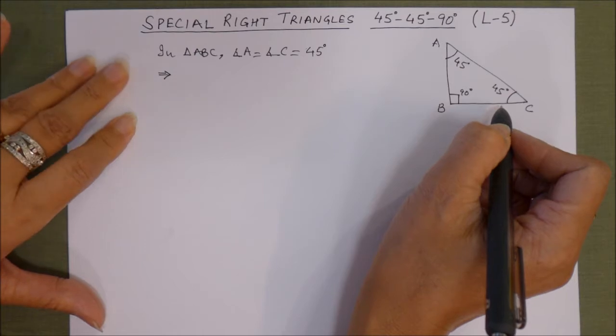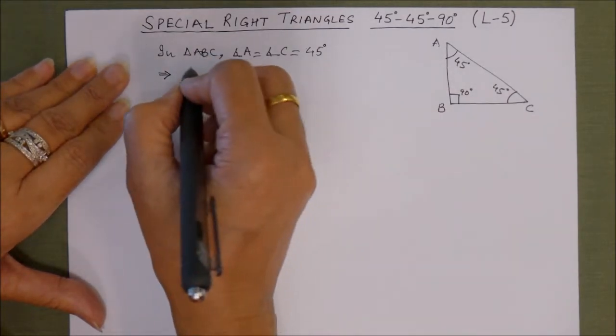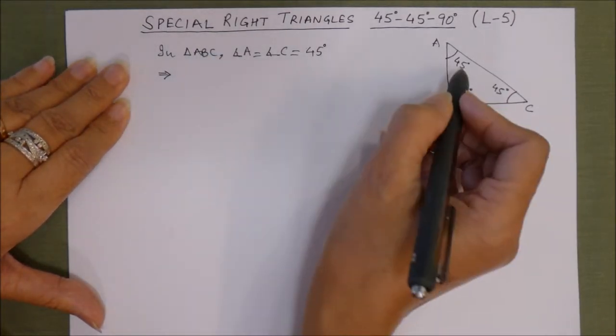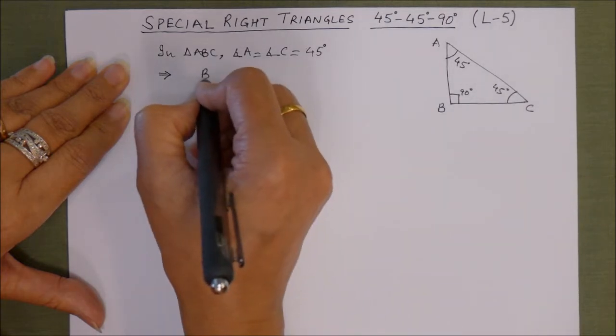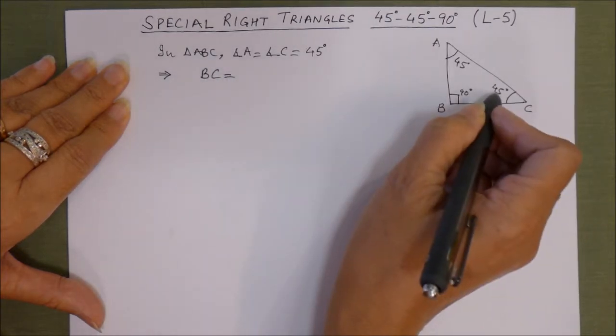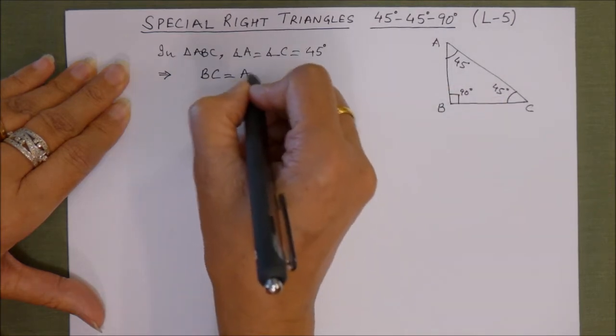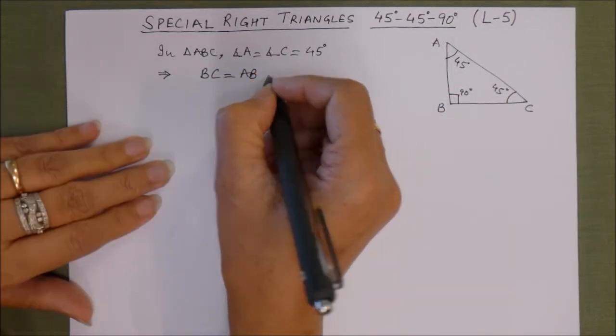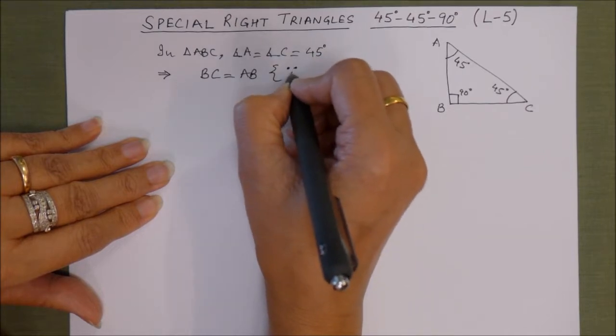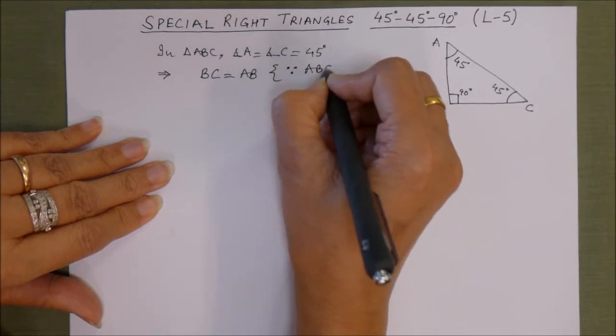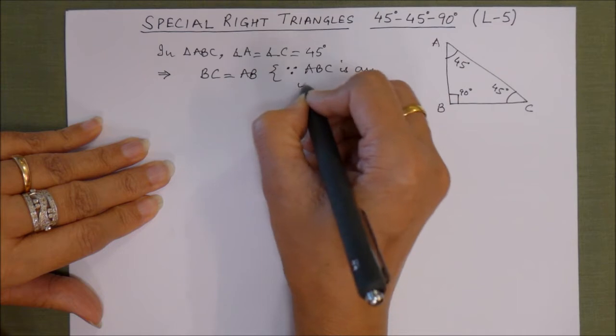It's the property of an isosceles triangle. So we write side opposite to angle A is BC, and opposite to angle C is AB. So these two sides are equal, since ABC is an isosceles triangle.